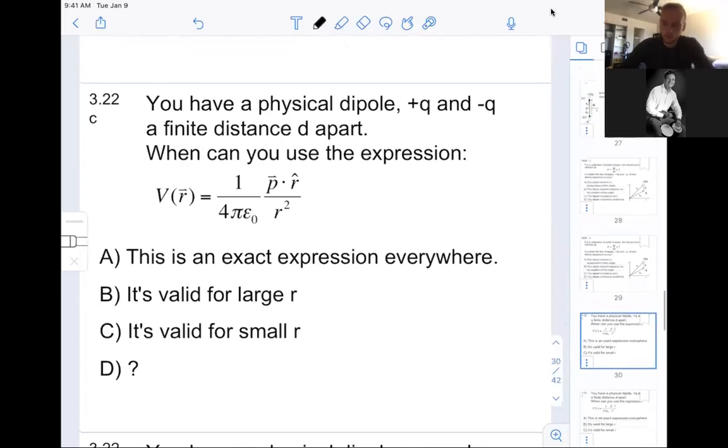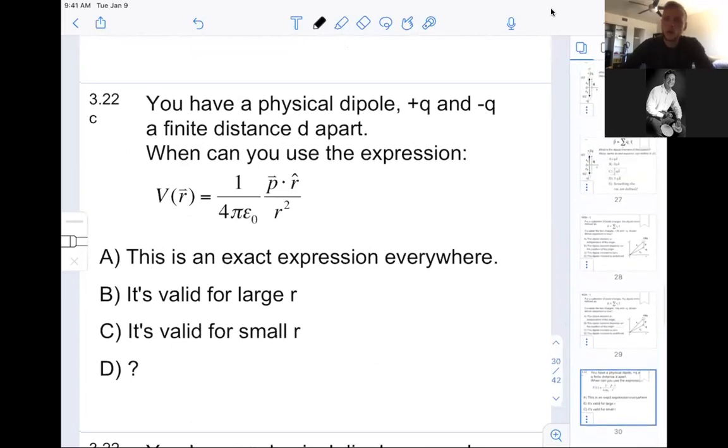Do you still recall whether this expression is exact, or if we used an approximation, what we used? I know you probably still remember we said r is much, much larger than d. So this is an expression we derived as an approximation, valid for large r.